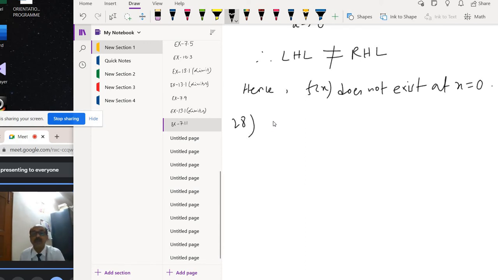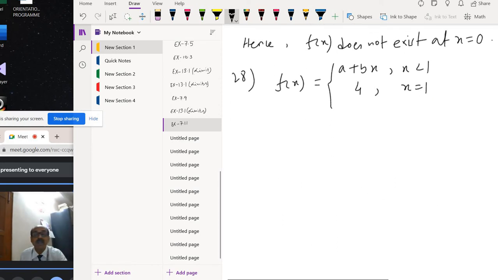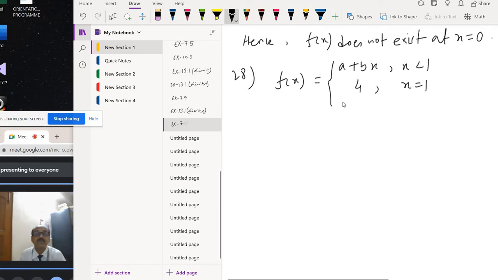Given f(x) equal to a plus bx when x is less than 1, equal to 4 when x equal to 1, and b minus ax when x is greater than 1.